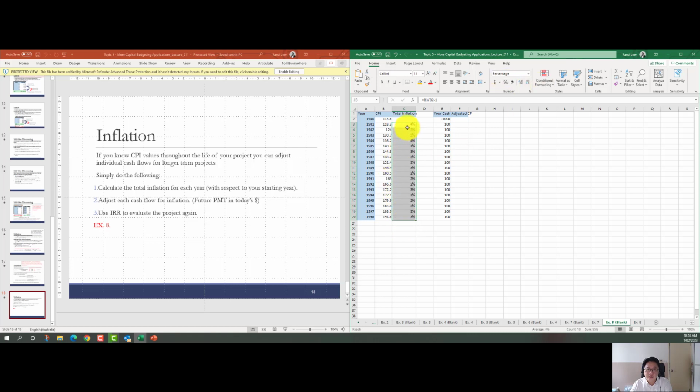This is actually year-on-year inflation, right? But what we actually want is inflation compared to the time at which we started our project, which is 1980. Okay, but this is actually year-on-year inflation, right?